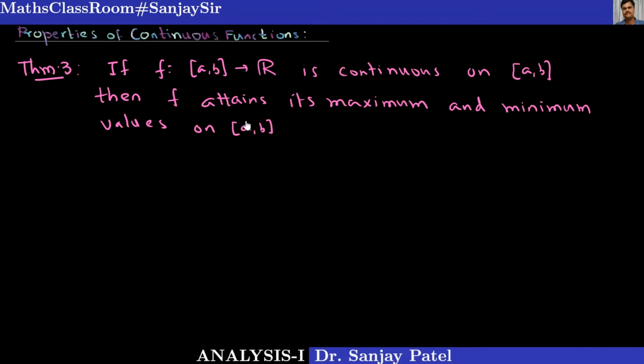Means we can find some points in closed interval [a, b] at which f at some point is maximum, at some other point it is minimum.